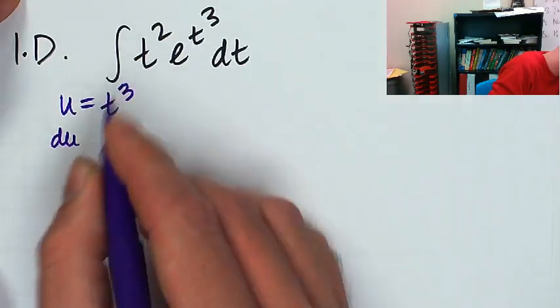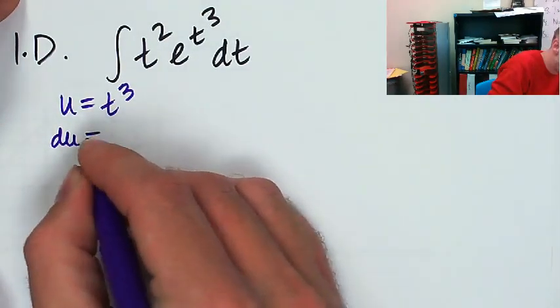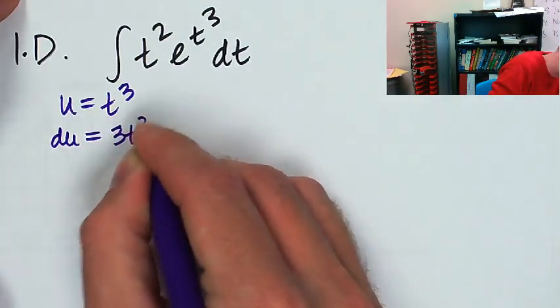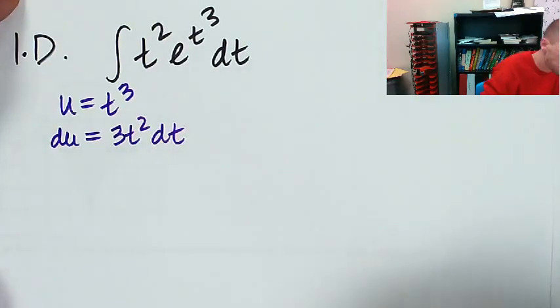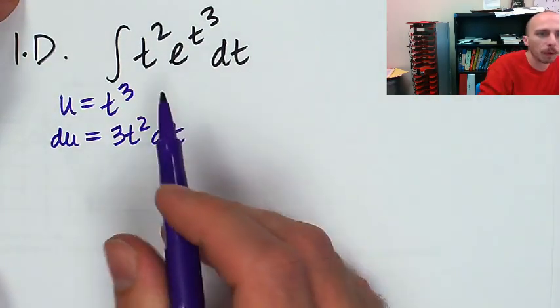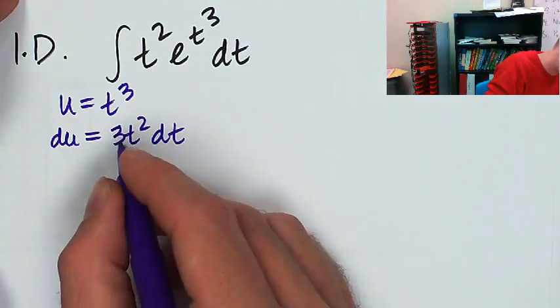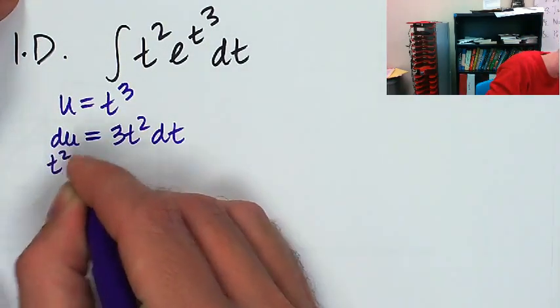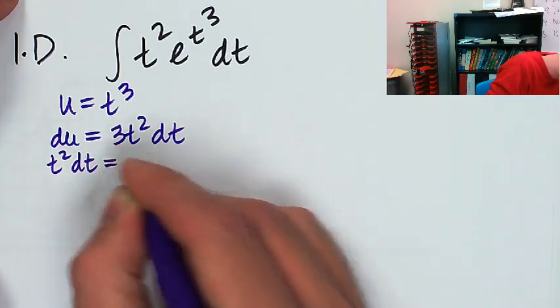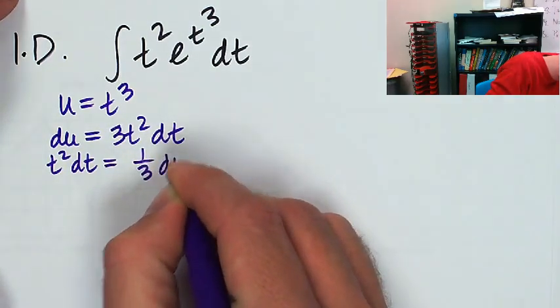Okay. du dt is 3t squared, so du is 3t squared dt. But I don't have 3t squared dt, I just have 1t squared dt. So I'm going to solve for t squared dt. And that's going to be 1/3 of du.